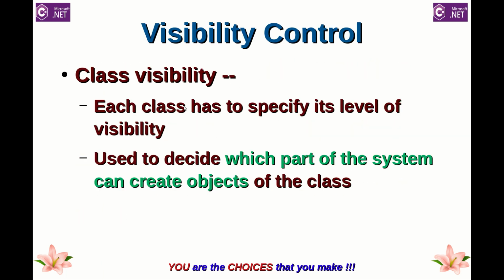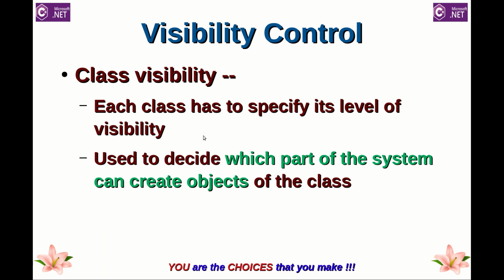Let us see how the class visibility is defined. Each class has to specify its level of visibility. The level of visibility will decide which part of the system can create objects of that particular class. So that is why we are going to give the visibility, which is nothing but the accessibility or the access modifier of the class.